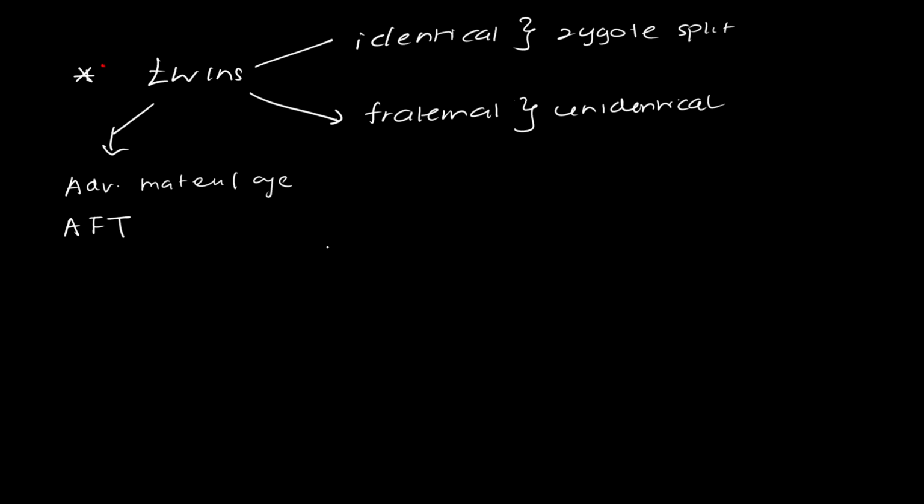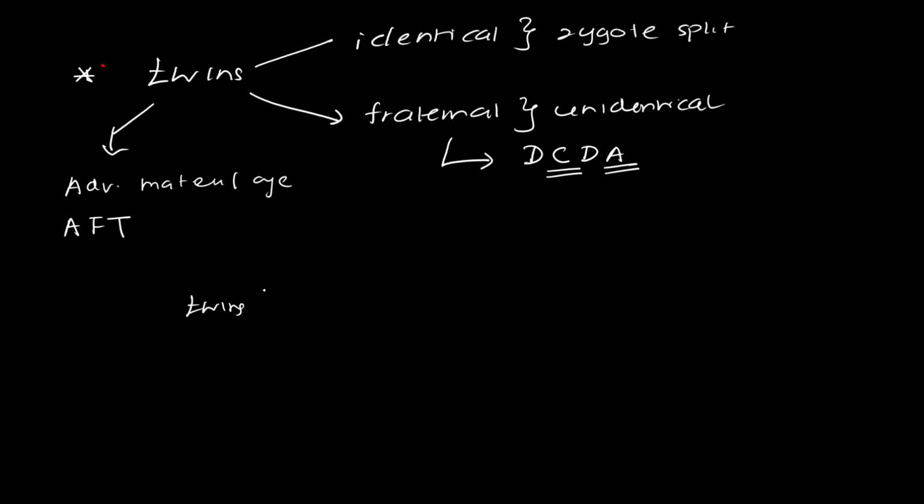Now the twins can be divided into a few types depending on the number of placentas and the number of amniotic cavities that you get. Fraternal twins or unidentical twins are always dichorionic diamniotic, which means that it has 2 chorions, 2 placentas, and 2 amniotic cavities.